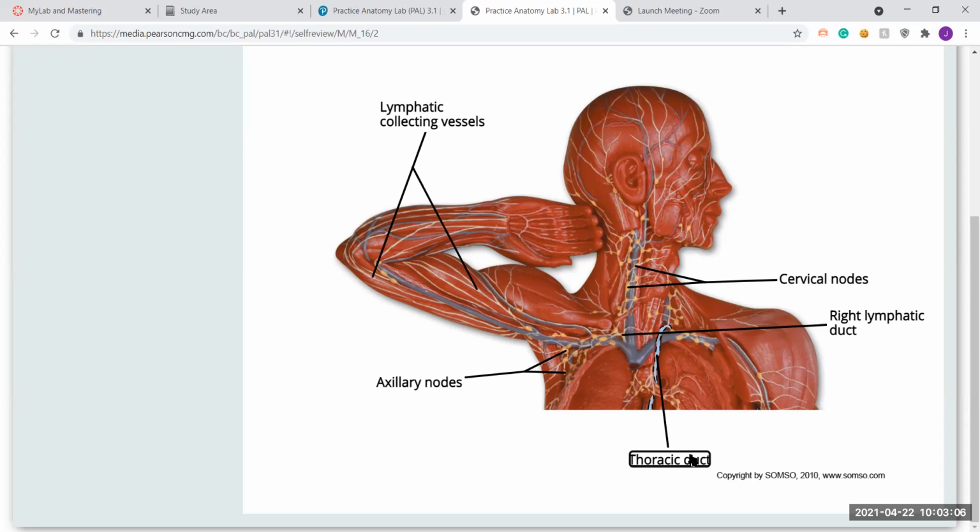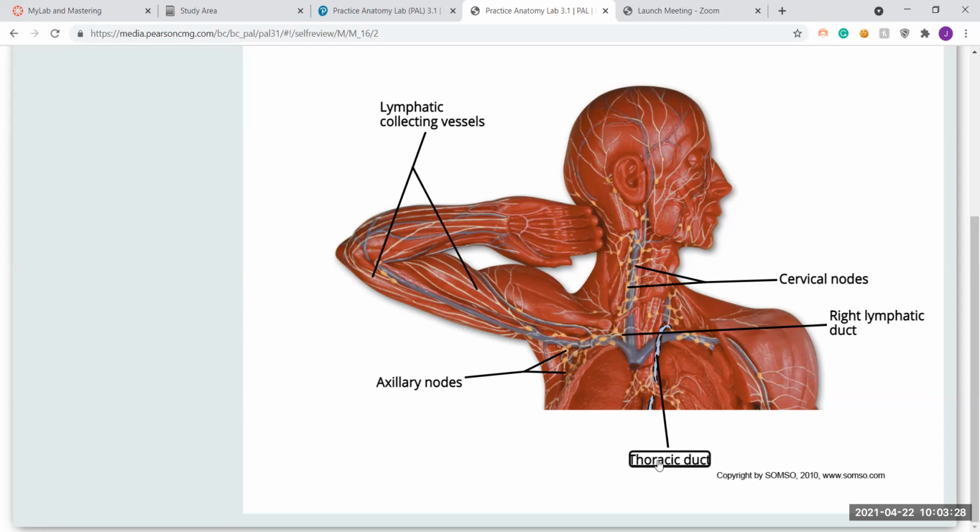The thoracic duct drains everything below the diaphragm, on the right side and the left side, and everything in the head, thorax, and neck region of the left half of the body.